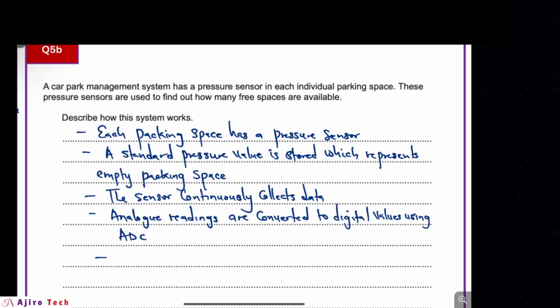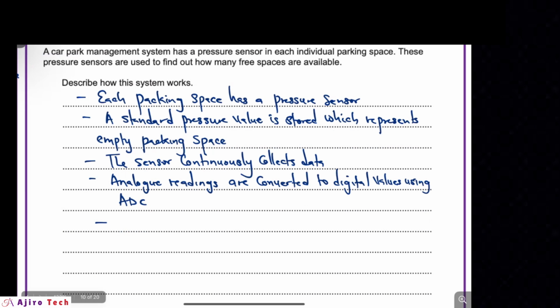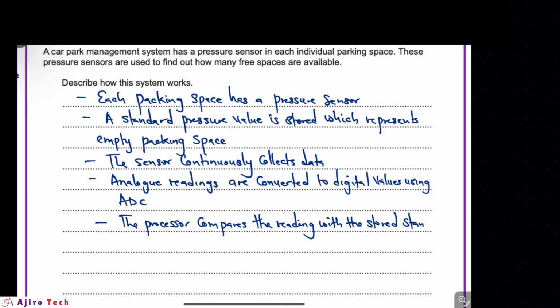The next one, the processor compares the reading with the stored standard value.